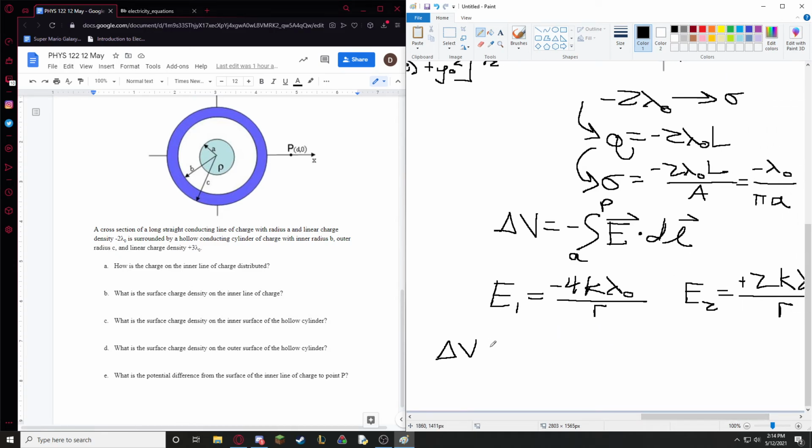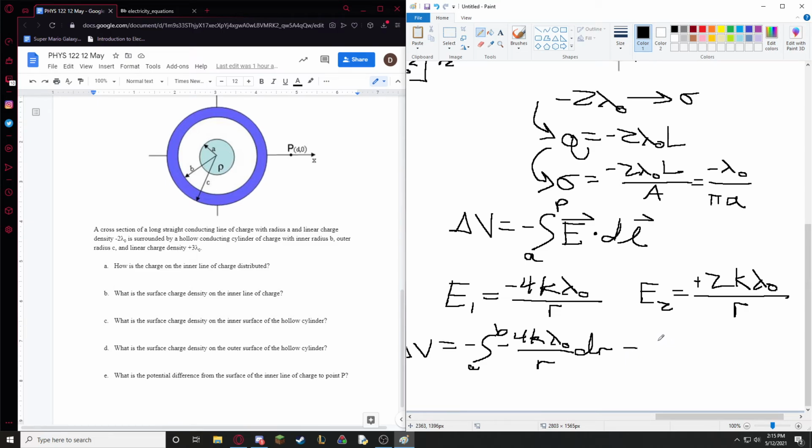It could be the negative integral from A to B of negative 4k lambda naught over R dr, because dl is just dr in this example, minus the integral from B to C of 0 dl, so it just goes away, and then from C to D of 2k lambda naught over R dr. Boom.